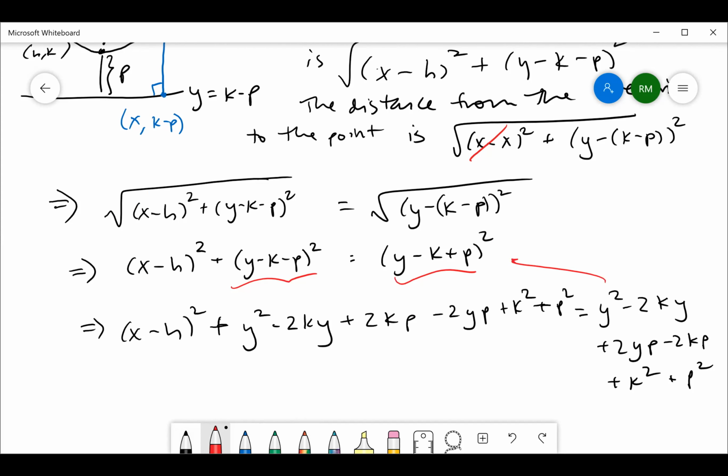And you see that a lot cancels out. These two terms on the left cancel out with the right. This cancels out with this, and this cancels out with this.